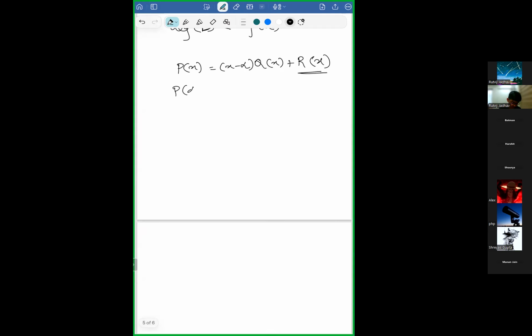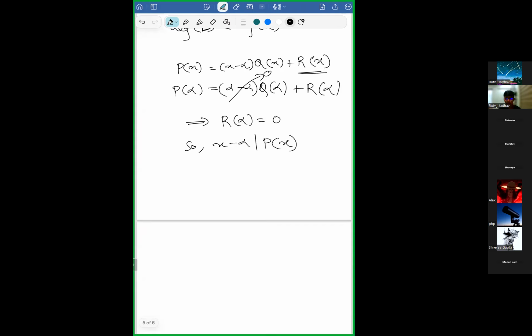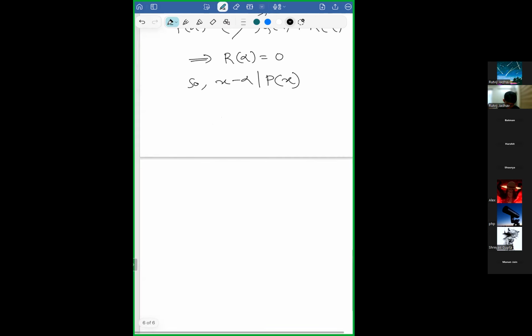So we'll have P of alpha equals alpha minus alpha, which just goes to 0, plus R of alpha. So this implies R of alpha is 0. And so x minus alpha divides P of x. I hope this is clear.